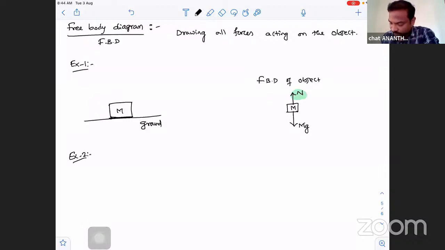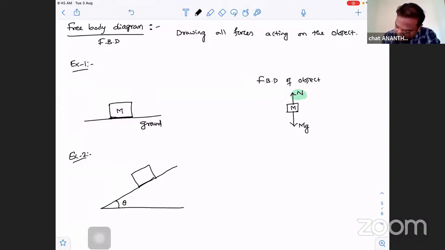So next one. On the inclined plane of inclination theta, there is a block of mass m kept. Now draw the free body diagram for this object.